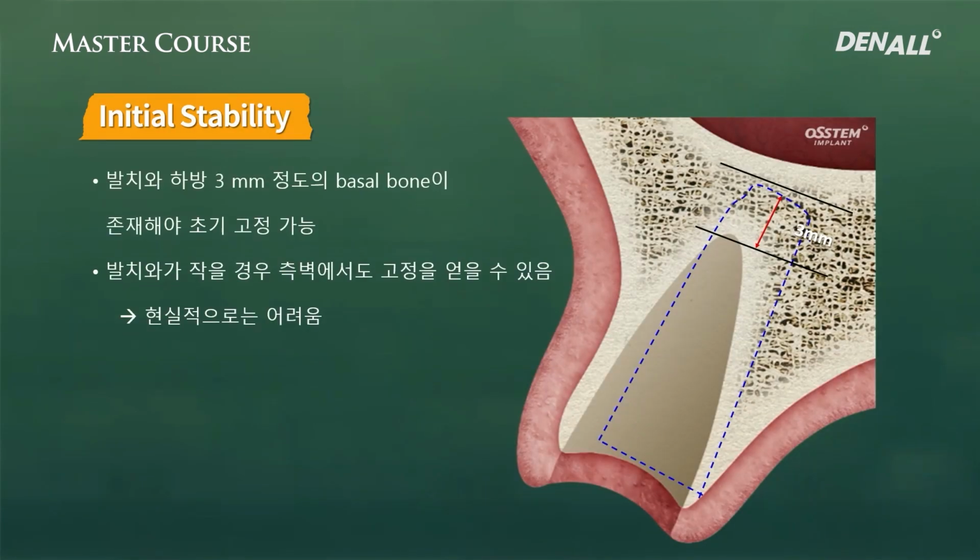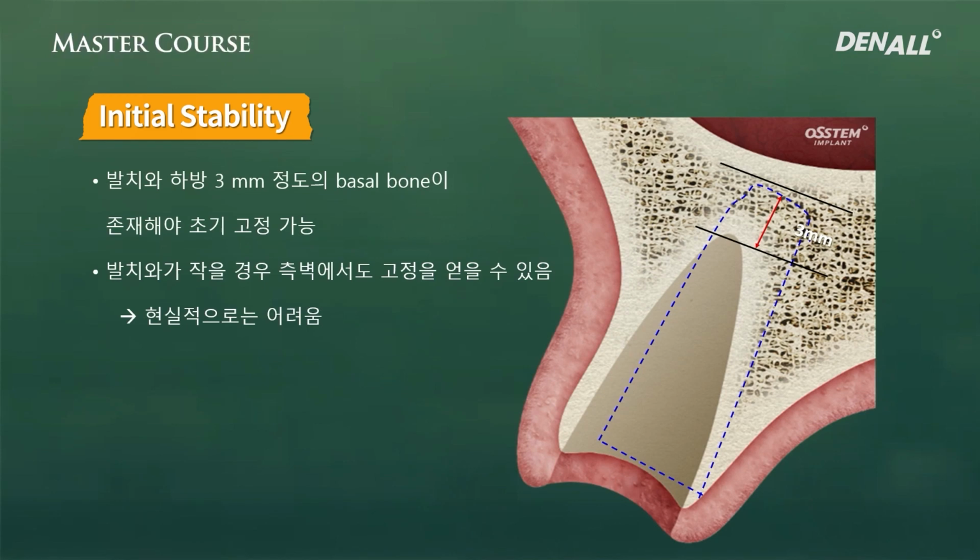Next, we need to consider initial or primary stability to place an implant. In the 1980s, Lazara's paper talked about immediate implant placement for the first time, and he also talked about factors for how to get primary or initial stability for immediate placement.